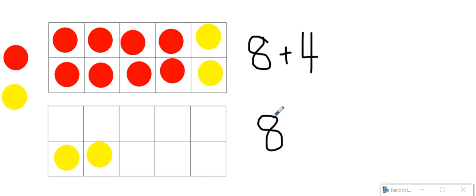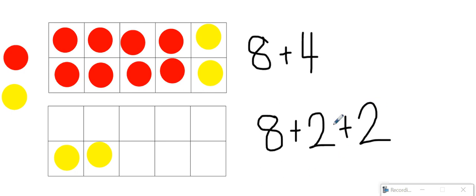So what I did was I decomposed the 4 from the yellow dots so that I could make 10. So this right here, the 8 and 2 made 10, and 2 more. So how many do we have all together? You are right. Well, very good job.